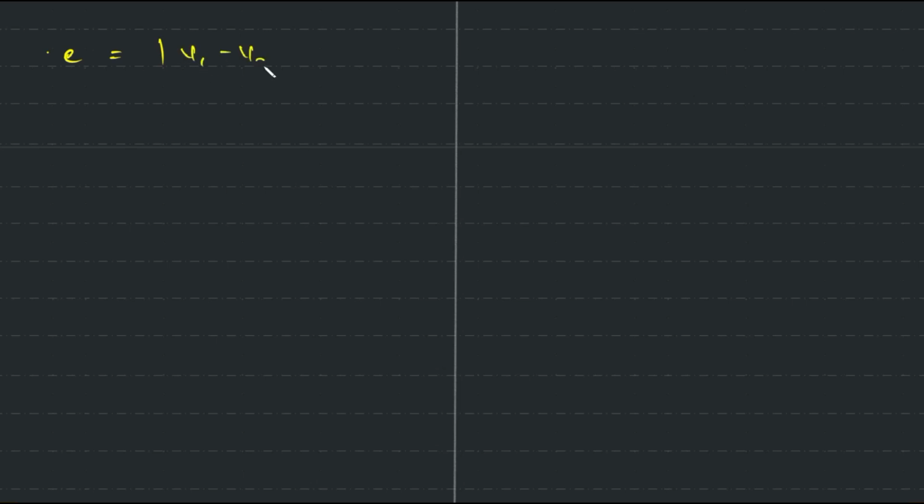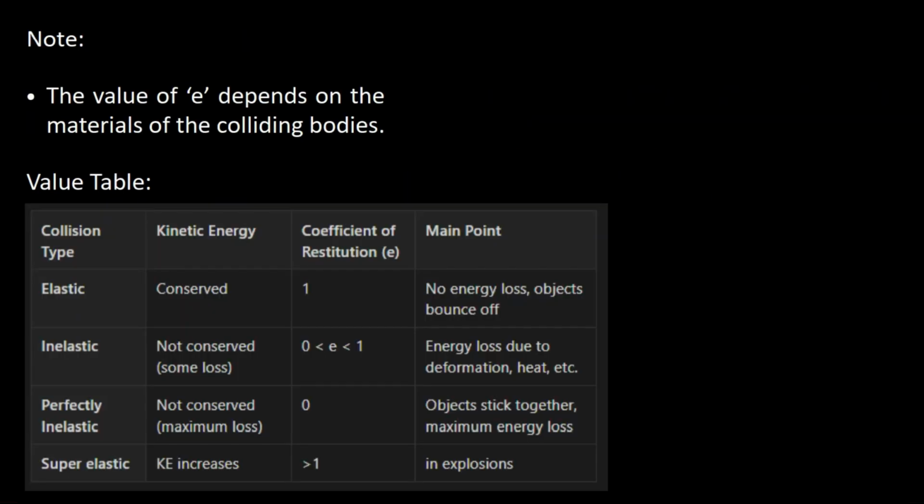V1 minus V2 divided by U1 minus U2. It doesn't matter actually, since it's magnitude. So that will be your formula. Note the value of E depends on the material of the colliding bodies, both the bodies.